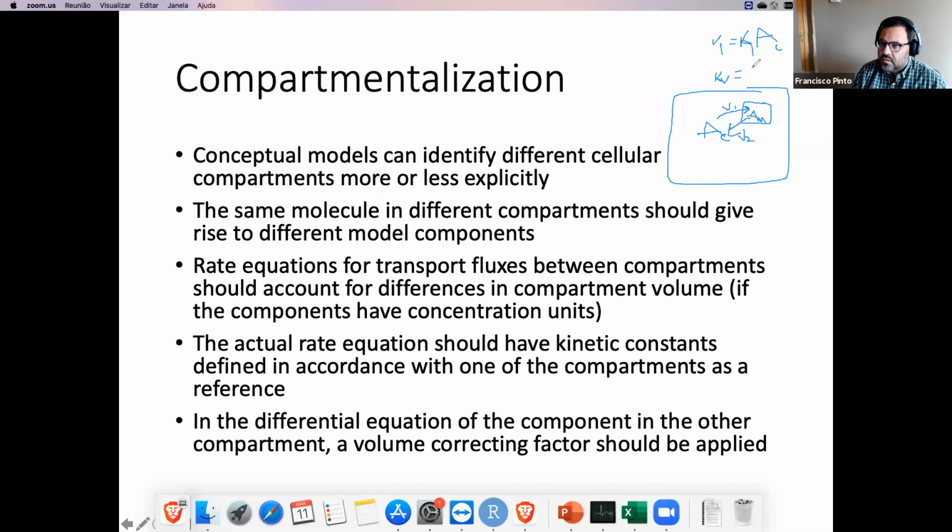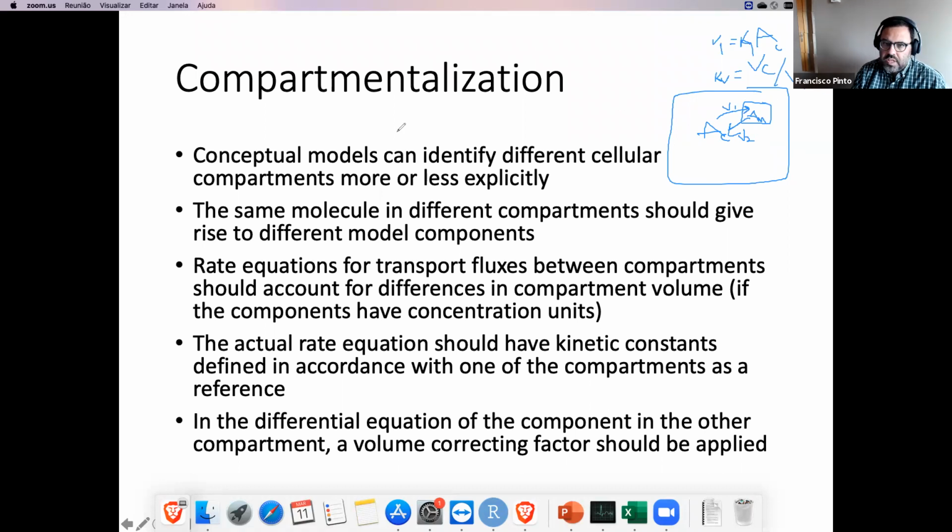That is the volume of the cytosol divided by the volume of the nucleus. And you define this rate expression using the concentration of A cytosolic, that is the concentration in the cytosolic compartment, where the change in concentration is smaller.